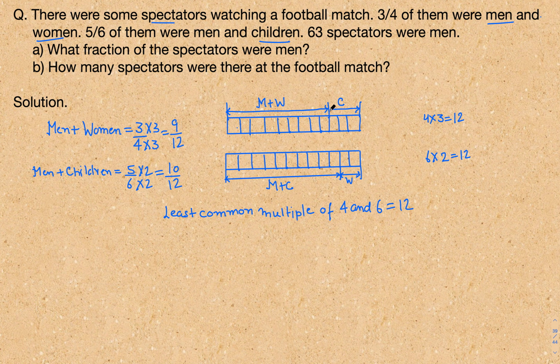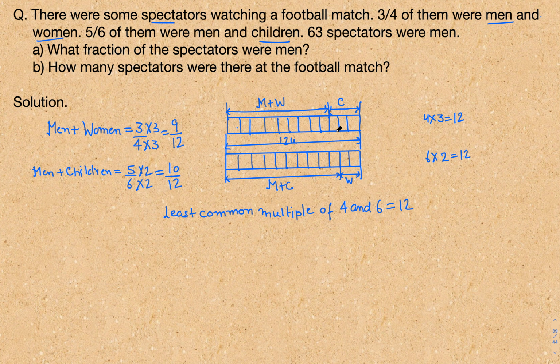Okay, now what do we see from the model? Actually the model is very important. See from this model, the total number of units for both the models is 12, right? This is 12.